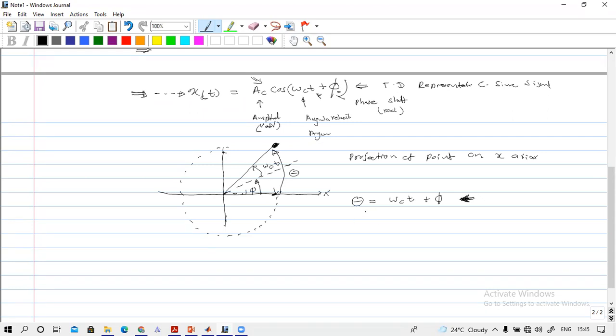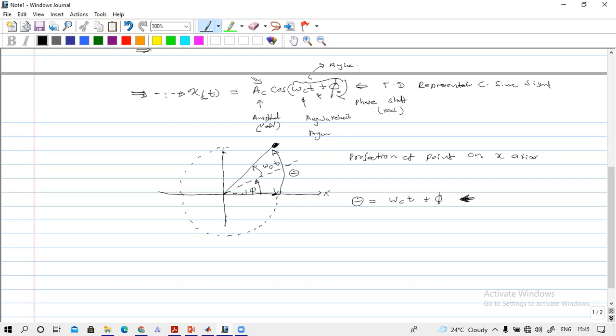On the other hand, we can see that this whole term ωct plus φ represents an angle, no? Correct?